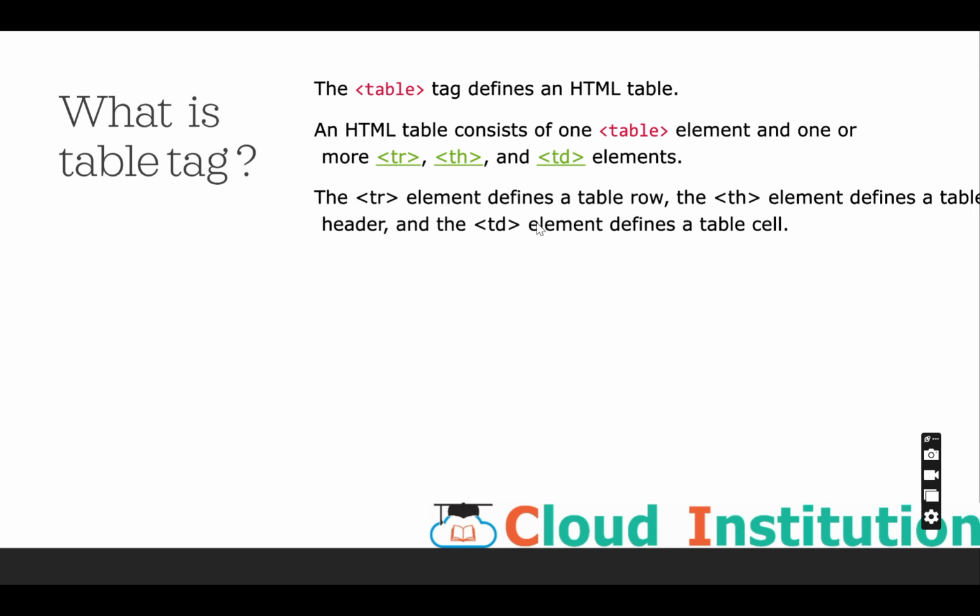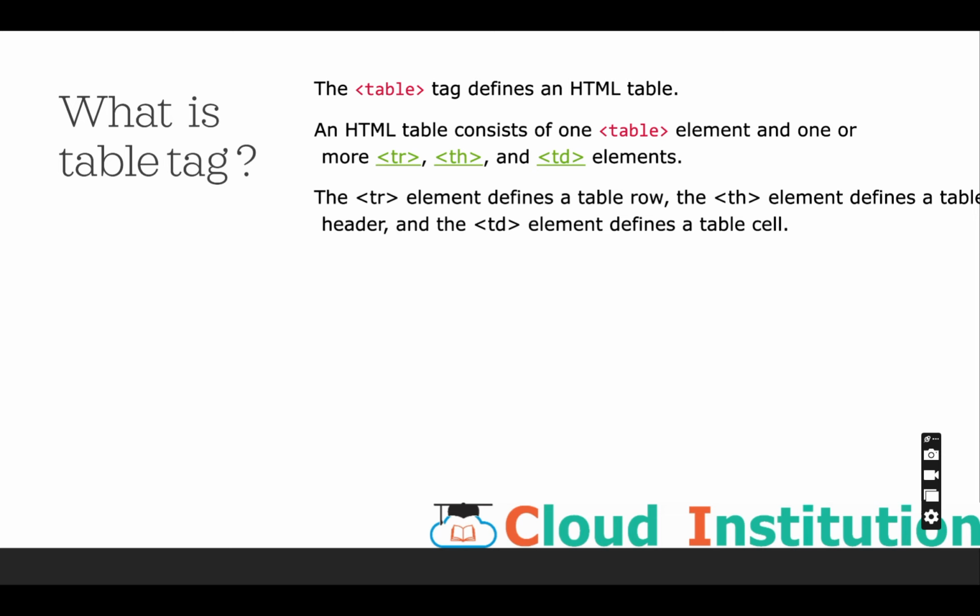The table tag tells HTML to create a table. If we don't have the table tag, we cannot create any kind of table in HTML. Inside the table tag there are more than three related tags: the tr tag, the th tag, and the td tag. The tr tag is used to define table rows.